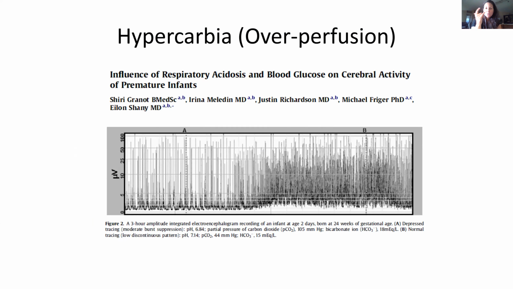We are seeing huge amounts of overperfusion and the brain basically shutting down here, and then an improvement once we correct the blood gas. Again, remember that the function of the brain is so dependent on these metabolic factors that when we look at aEEG, there's maybe more under the surface than just the pattern itself, with all these influences that really exist.